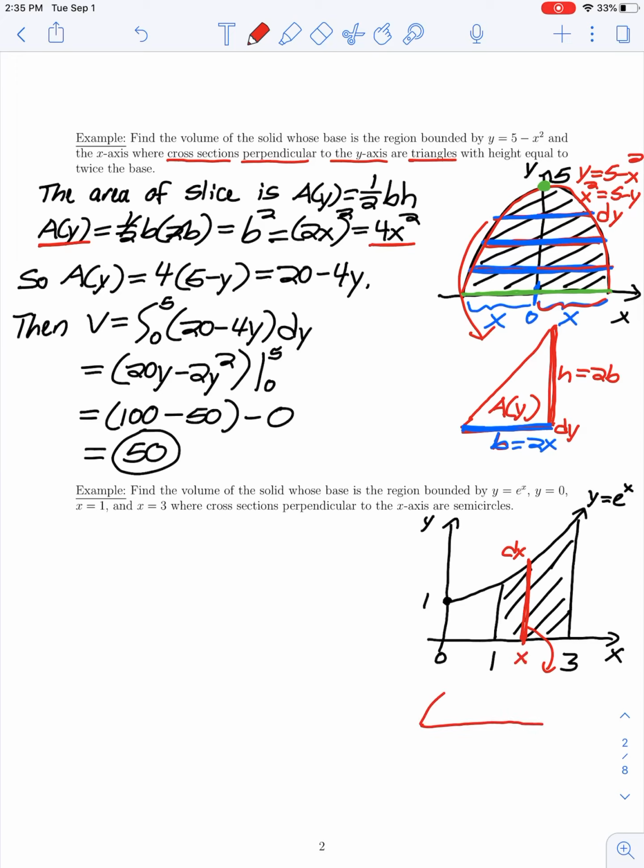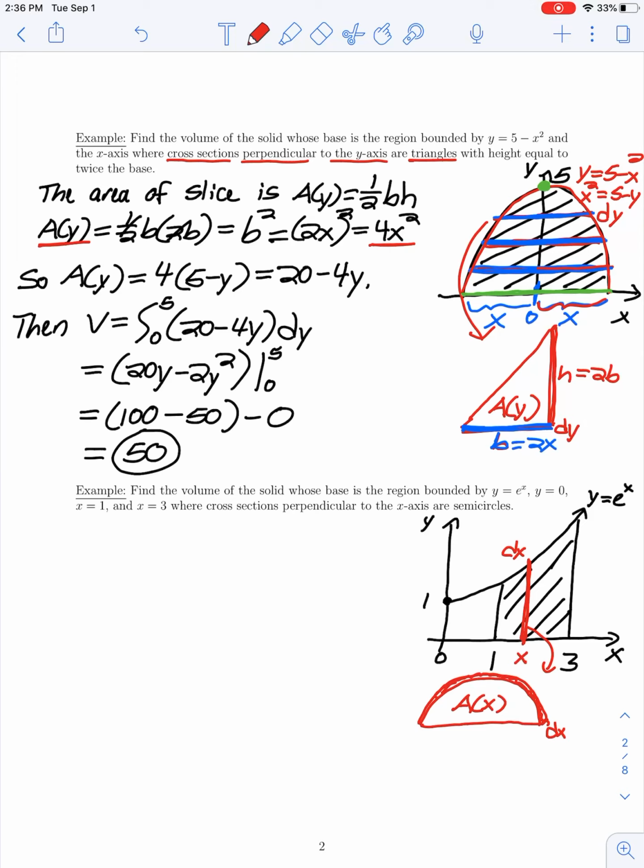We have a semicircle, or a half circle, with a little thin width or thickness, which we were calling dx. And we need to be able to find the area of this slice at a point x within that interval.